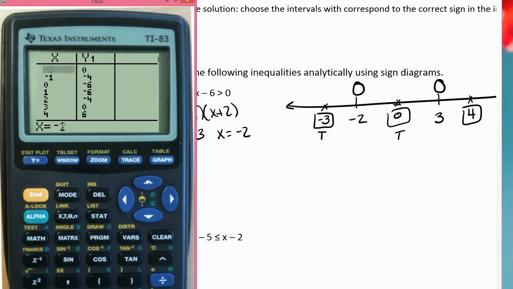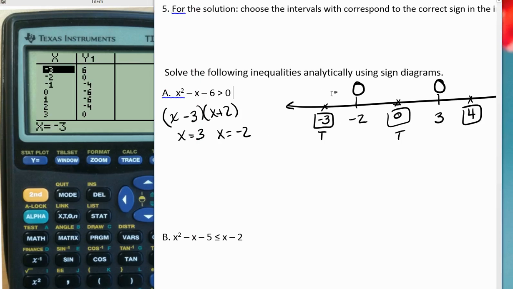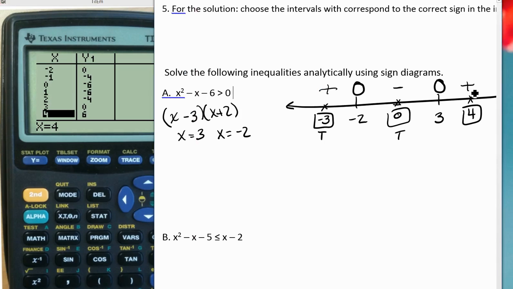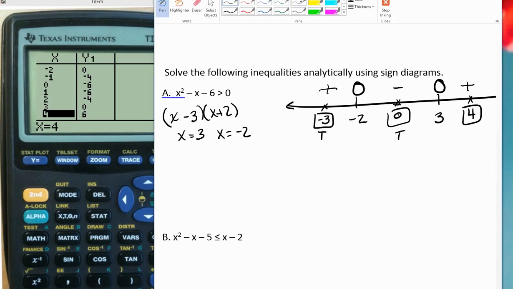So if we go to negative 3, we see the answer out is positive. If we go to 0, we see it's negative, and if we go up to 4, it's positive. Now, our inequality wanted to know where it's greater than 0, and greater than 0 would be positive.